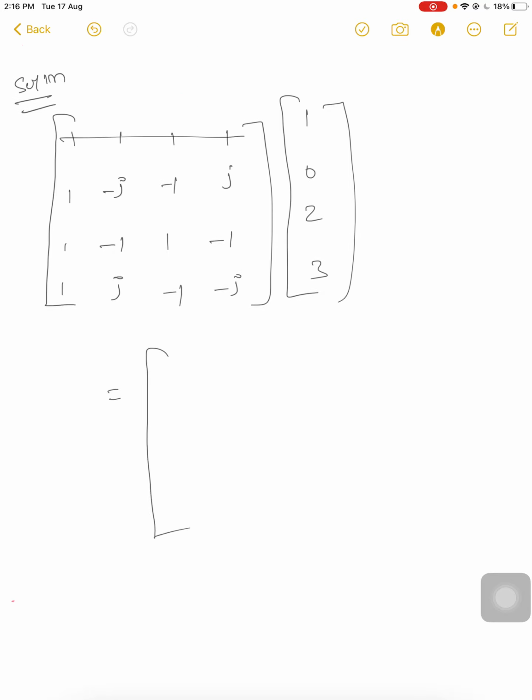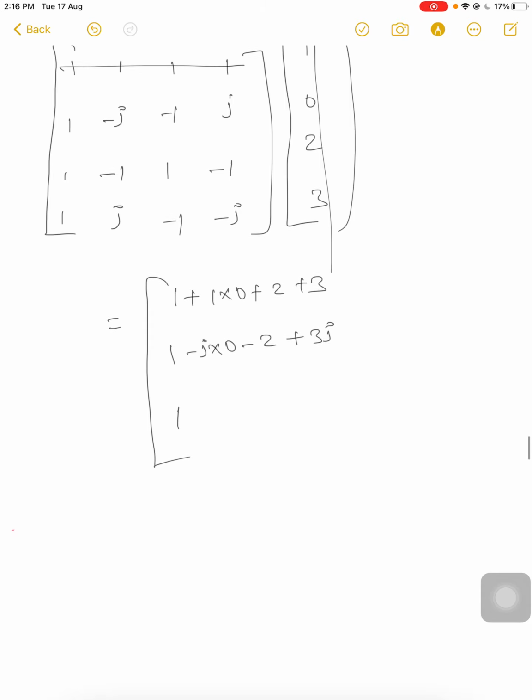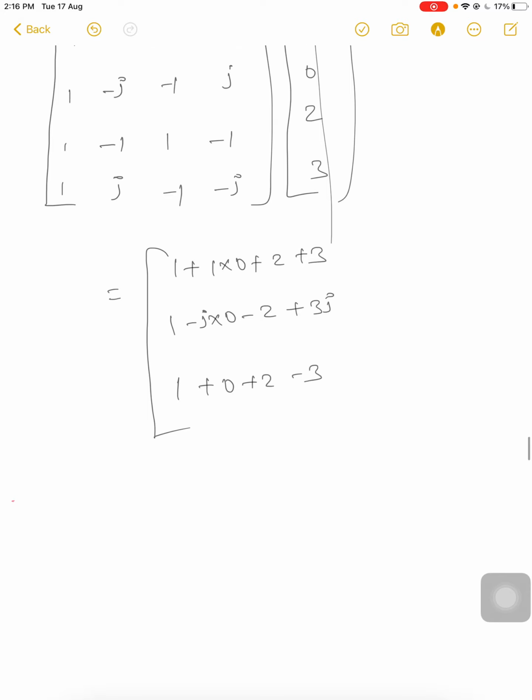After simplification you will get the multiplication, and you will get 1 plus 1 into 0 plus 2 plus 3. After that 1 minus j into 0 minus 2 plus 3j. In a similar way you will get 1 plus 0 plus 2 minus 3.